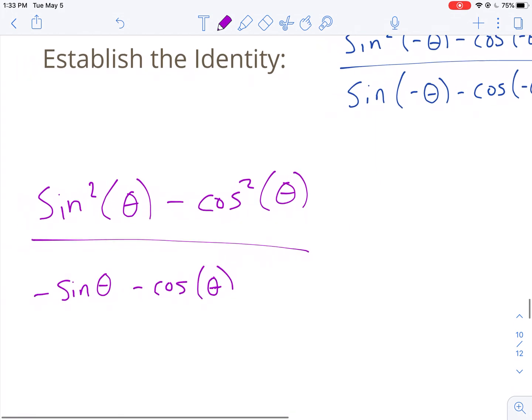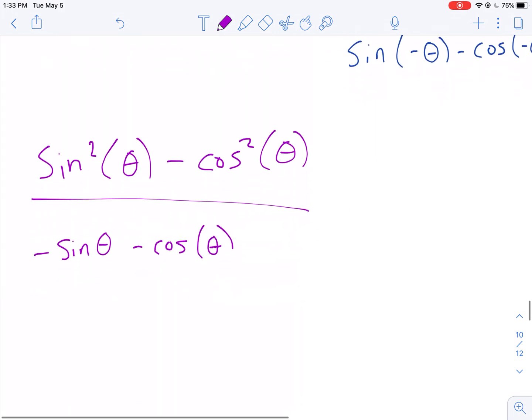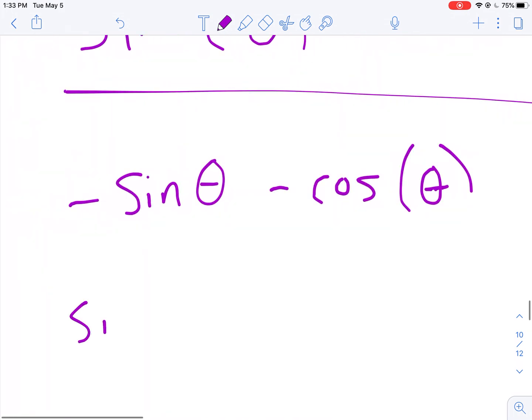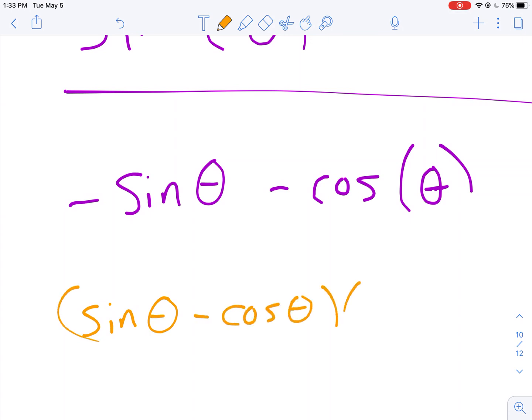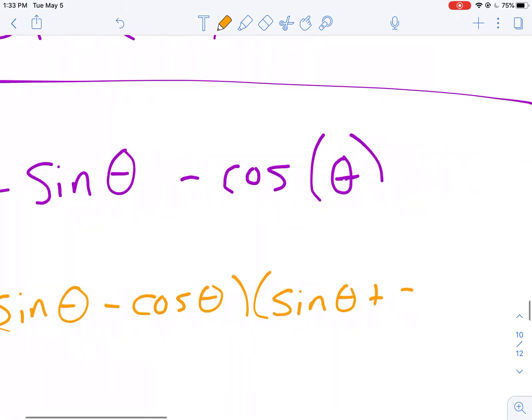I look up top and I see that I have a difference of squares. So I factor that out and I say that I've got the sine of theta minus the cosine of theta times the sine of theta plus the cosine of theta.